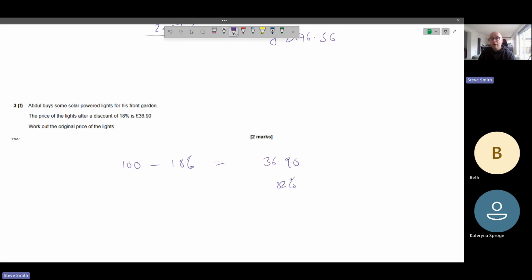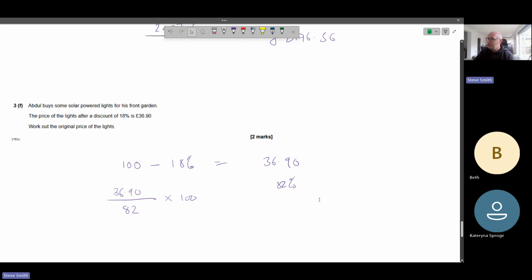That's the 82% number. That value is 82% of what I need. So my price that I've paid is 36.90. I divide it by my 82% number and I times it by 100. I've got my 100% value because I've recognized that that is my price after 18% has come off. So that's what I'm doing.